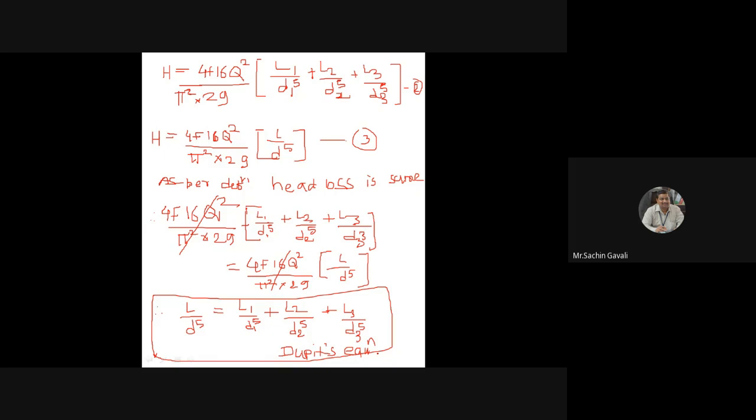This is called Dupit's equation. Others please reply.